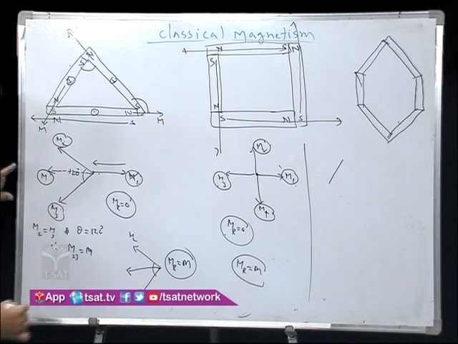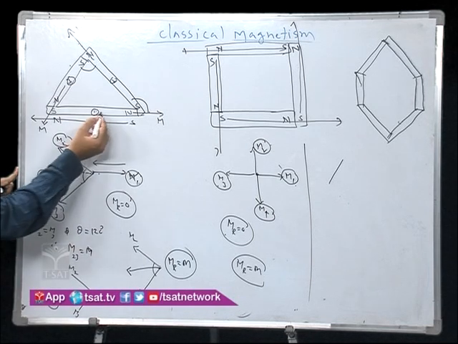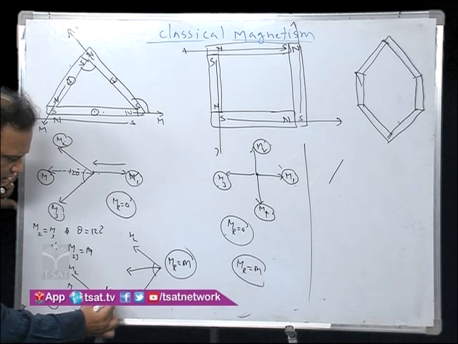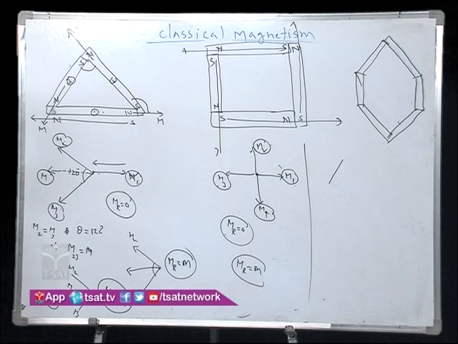The resultant magnetic moment of 2 and 3, with an angle of 120 degrees between them, is m, and the first bar magnet's magnetic moment is m. So the resultant of this system is equal to 2m.